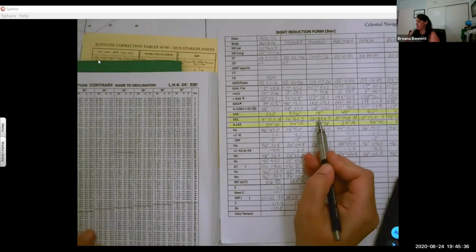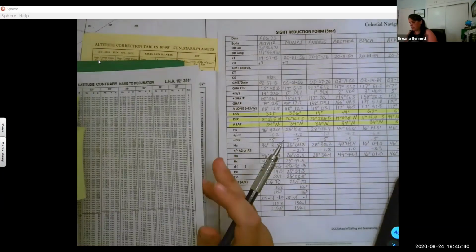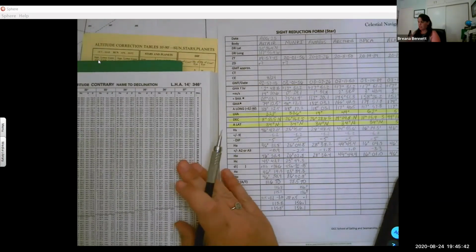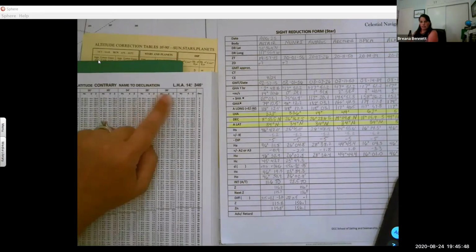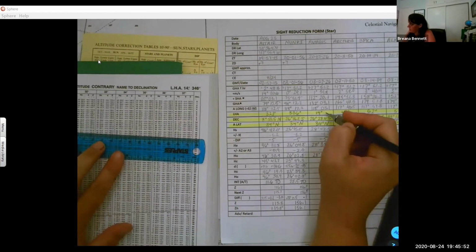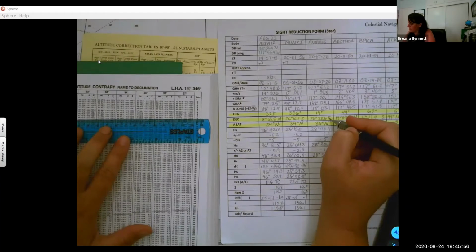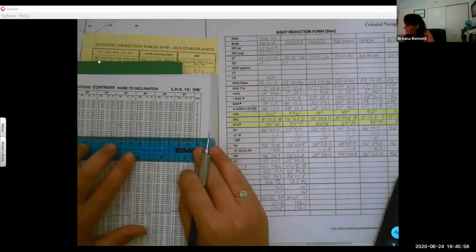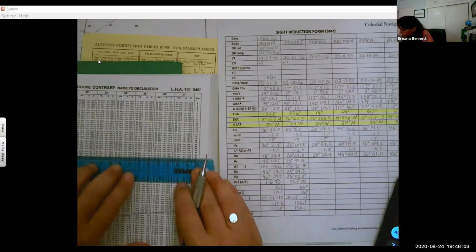Next LHA is 14. And we are contrary, a north and a south. So I have LHA of 14, 34, and then 26. Declination on these guys, 26, 28.